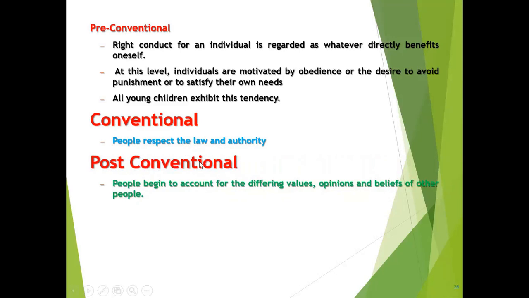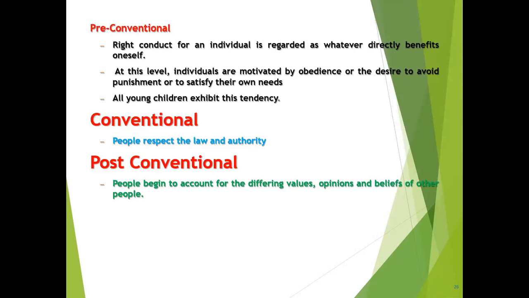So next is the post-conventional level. This is the third level, which is followed in high school. Here the people begin to account for different values, opinions, and beliefs of other people. This is the third level, where again there are 2 substages.